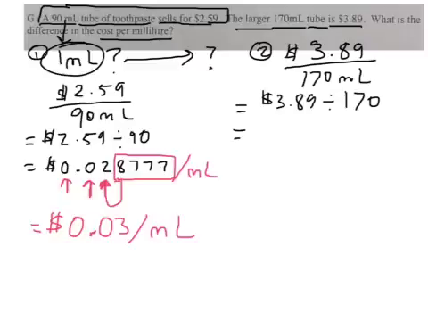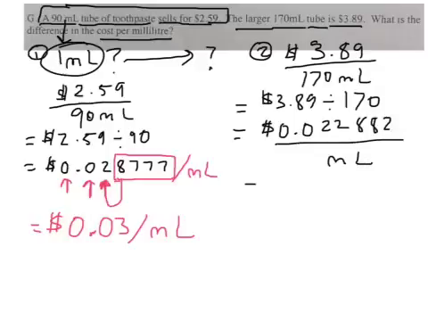And we find again that we get this crazy decimal, 0.0228882 dollars per milliliter. And again, we're going to have to consider that, okay, this is our dollar column, this is our 10-cent column, this is our penny column. These numbers aren't even a penny.